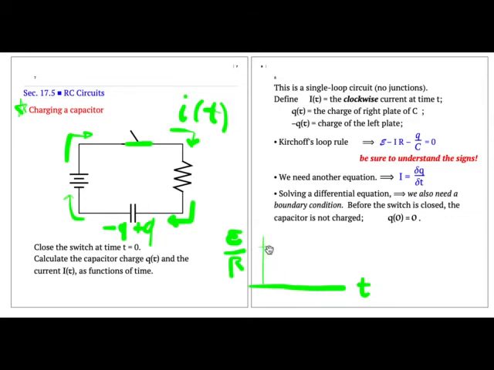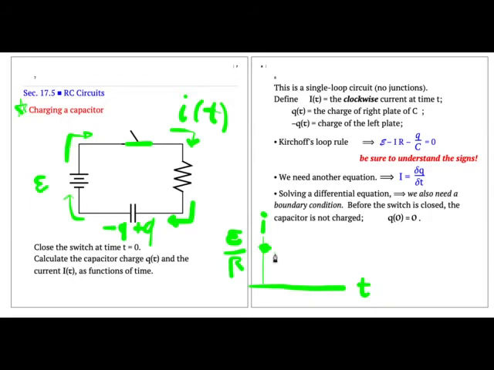And so the current will be E over R. So there's a graph of current I versus time t. But as the capacitor charges up, the capacitor voltage will cancel the EMF of the battery.